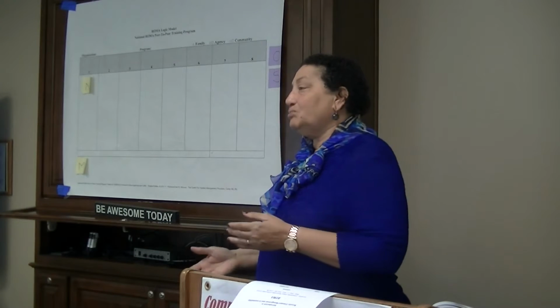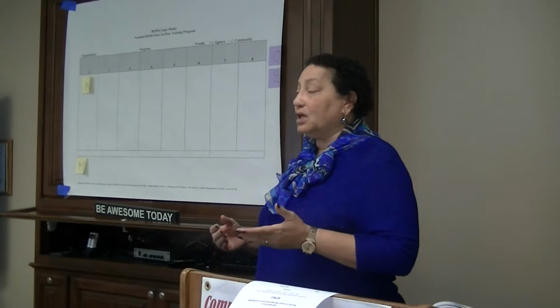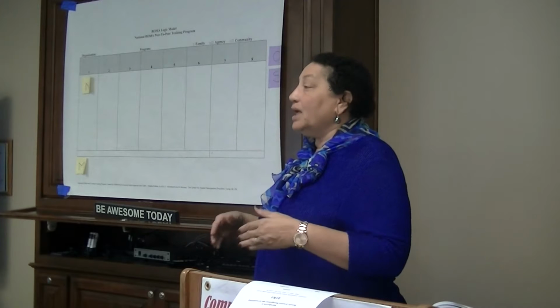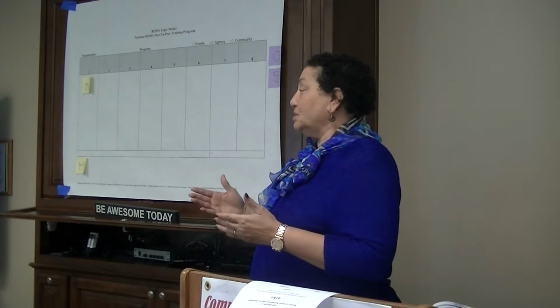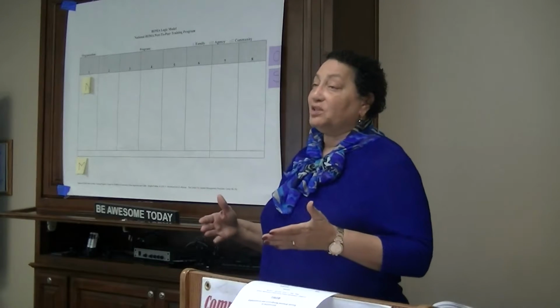The other thing would be Michael's, the IDA program. In increases in assets. It's very easy to measure that, because if they're supposed to be saving $50 a month every month, at the end of 3 months they've got $150. At the end of 6 months they've got $300.